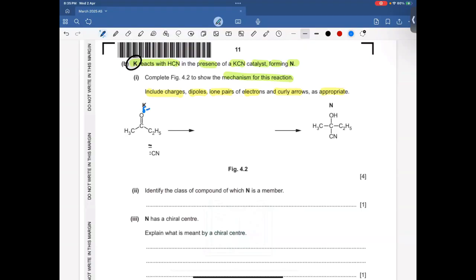This is basically your slight negative. Carbon is slight positive charge. Reacting with this, shifting pi bond towards the oxygen atom. So the intermediate acts like this. This C2H5 will remain as it is. और ये cyanide attach हो जाएगा.